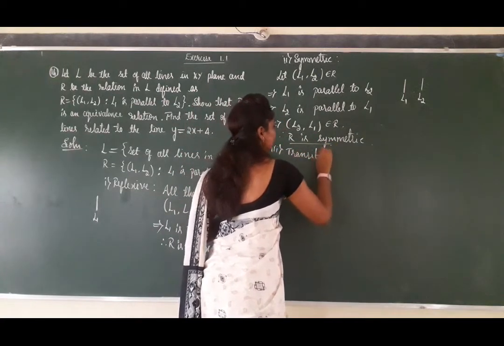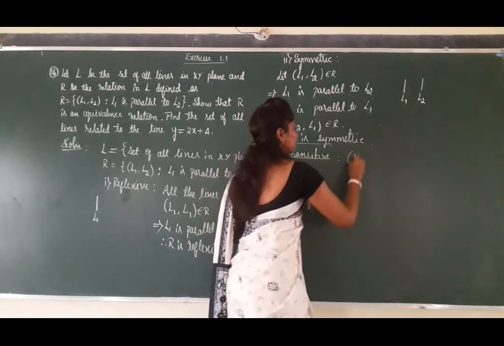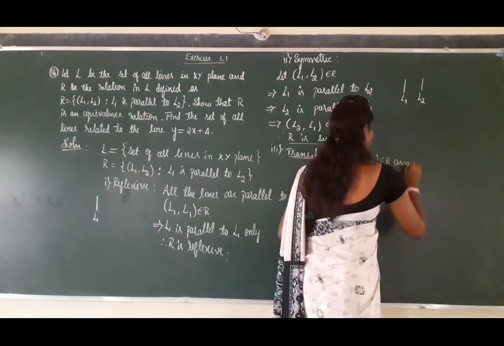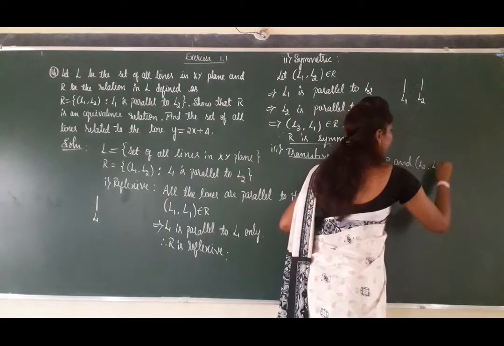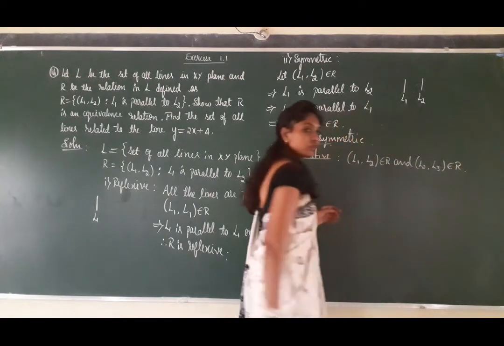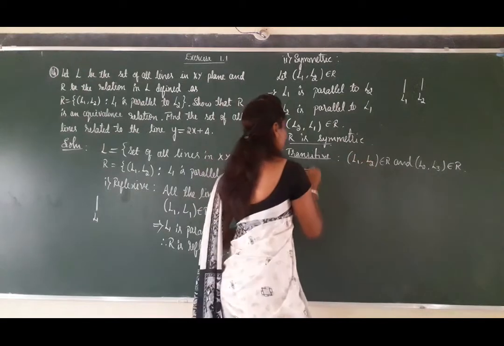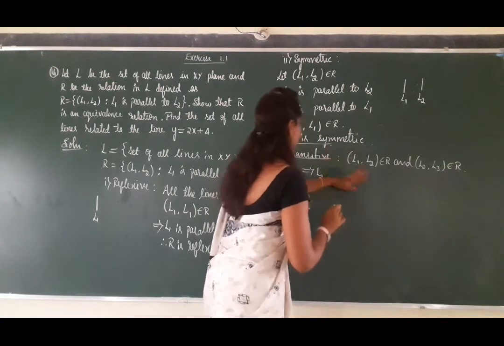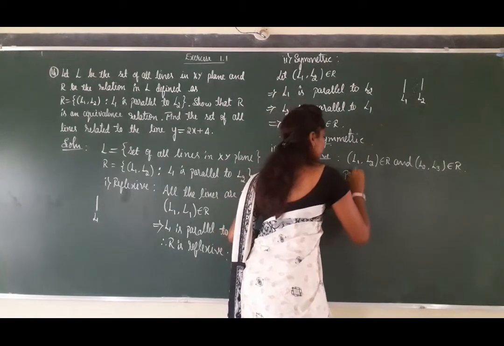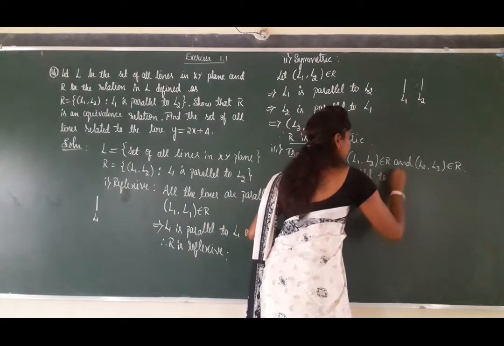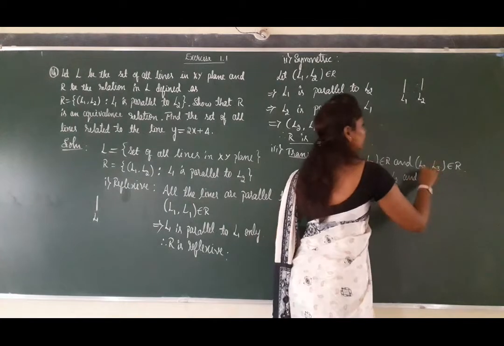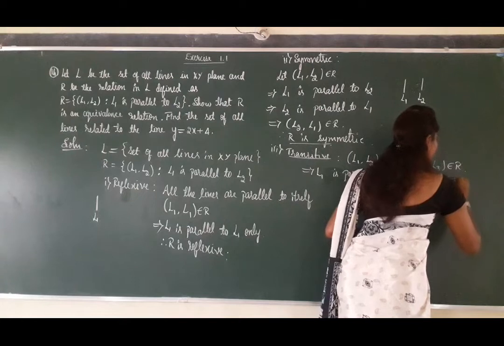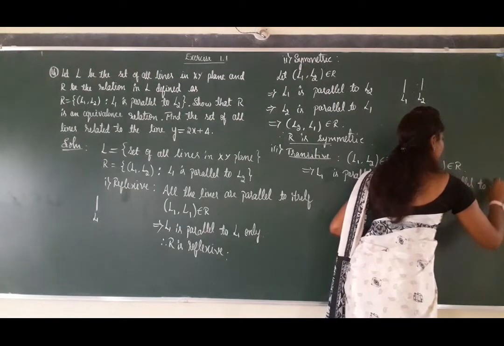For the transitive, I am taking an ordered pair L1, L2 belongs to R and ordered pair L2, L3 belongs to R. L1, L2 belongs to R means L1 is parallel to L2, and L2, L3 belongs to R means L2 is parallel to L3.